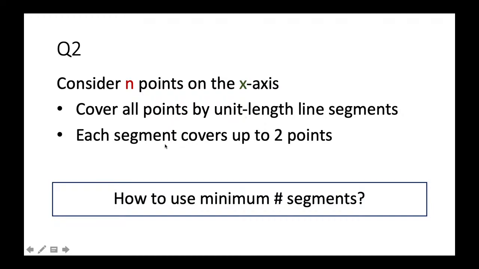Unlike the assignment question, here we are restricting that each segment can cover up to 2 points. So if I have 3 points in a close region, I will need to use 2 separate line segments. And then we want to find out what is the minimum number of line segments that we need.